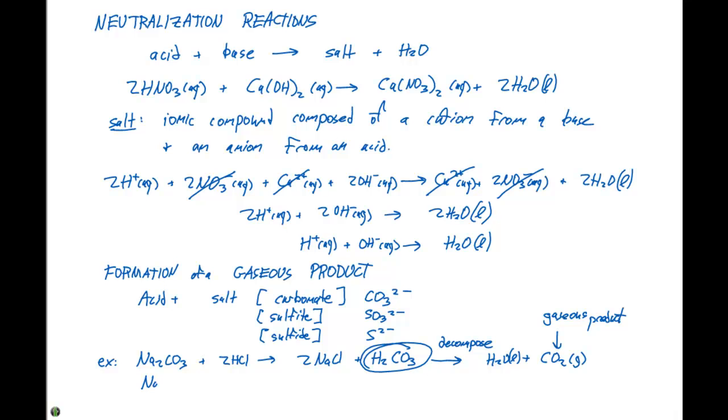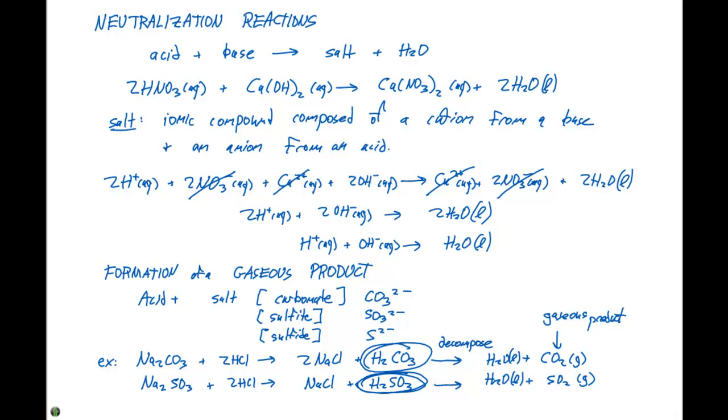A similar thing happens if we analyze the sulfites. If we have sodium sulfite, which is Na2SO3, plus 2 HCl, giving us 2 NaCl plus H2SO3, our H2SO3 is also going to decompose into water plus SO2. SO2 in this case is our gaseous product.